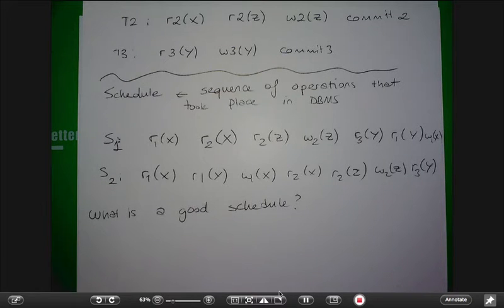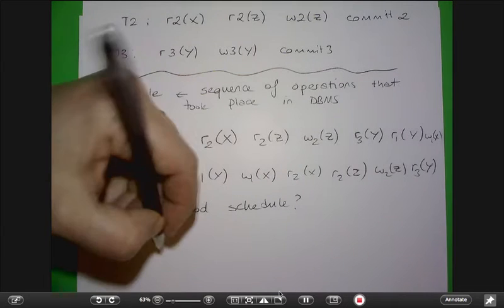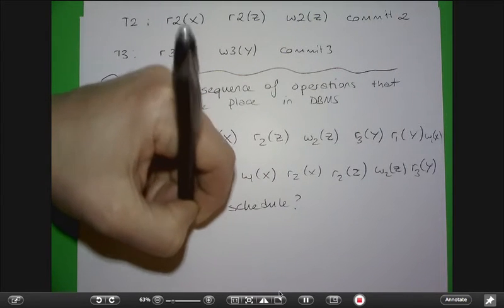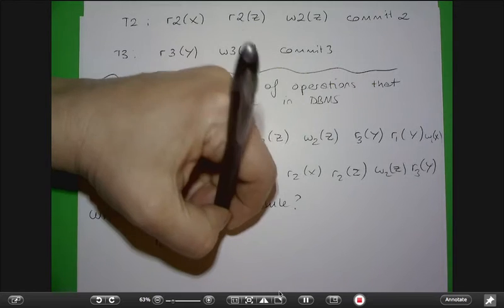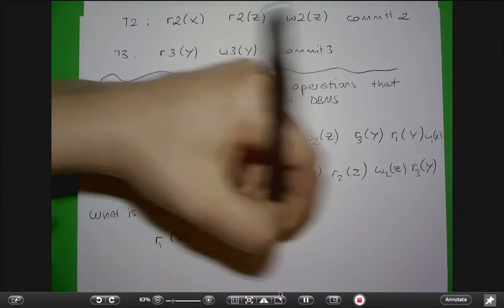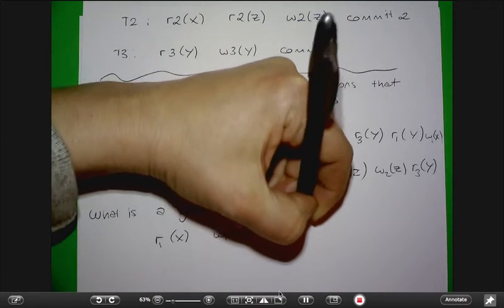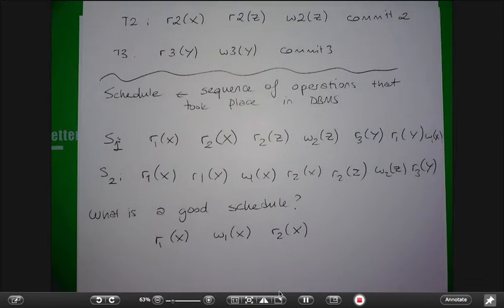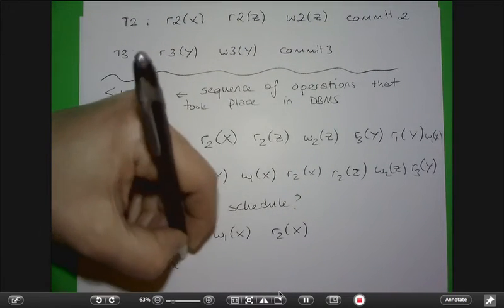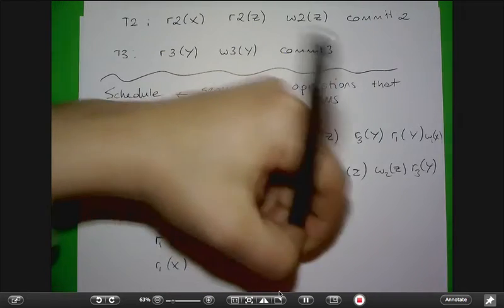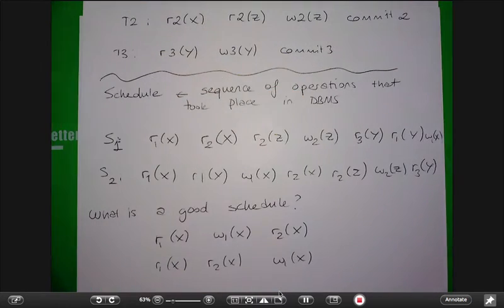So, for example, what you're saying is that if I had something like R1 of x, W1 of x, and R2 of x, and R1 of x, and R2 of x, and W1 of x, there's something different about these two, because here this is reading the value that's written by this, whereas here, this is reading the value before it writes, right?